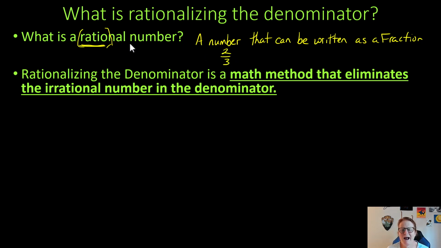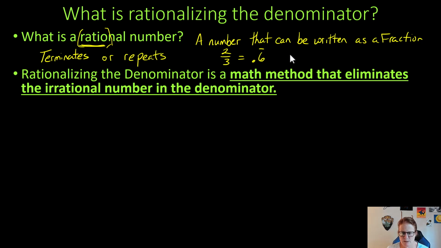Now, before we get into irrational, a rational number terminates or repeats. I was going to say like 2/3, but 2/3 repeats. If you punch 2/3 into your calculator, you would get 0.6 repeating.